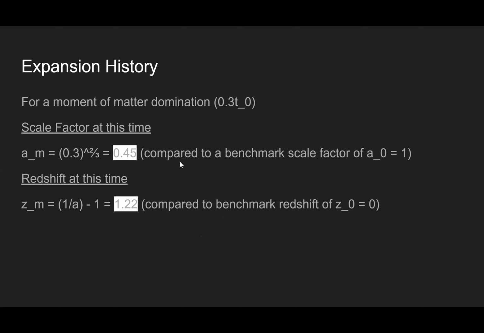Obviously, the benchmark scale factor is going to be 1. And then looking at the redshift at this time, it comes out to 1.22. Again, compared to the benchmark model, which just has a redshift value of 0 today.